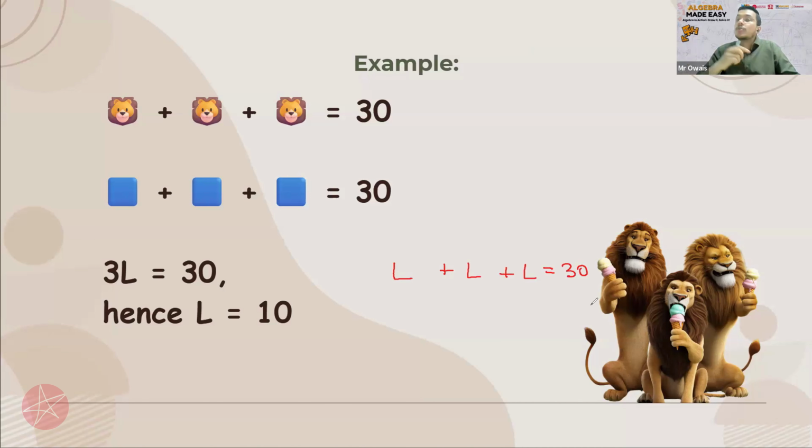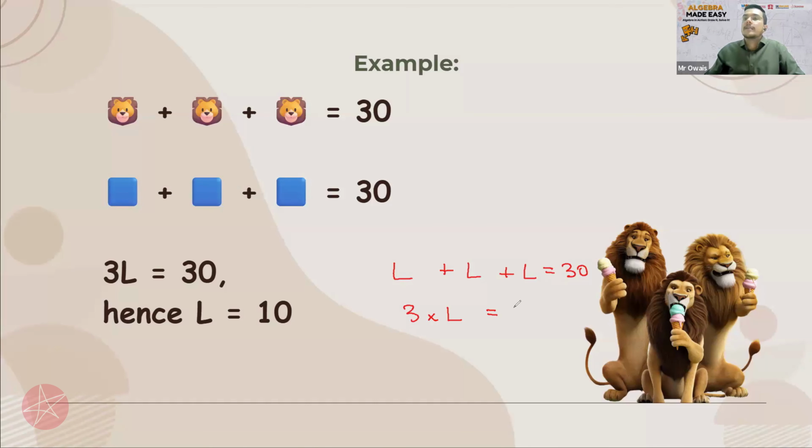And because you guys know that repeated addition is the same thing as multiplication, we can actually write that as 3 times L. Remember, L just represents a number that we don't know yet. We don't know the number that L represents, so we're going to write that as a letter for now.